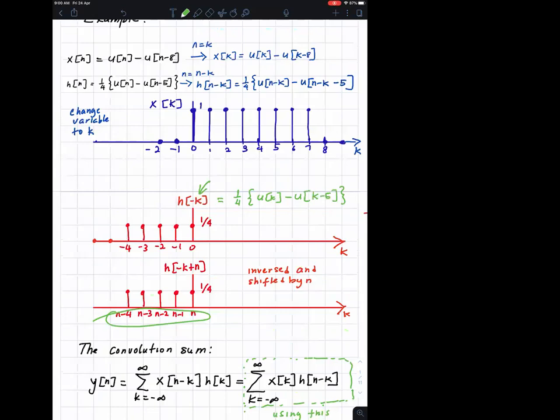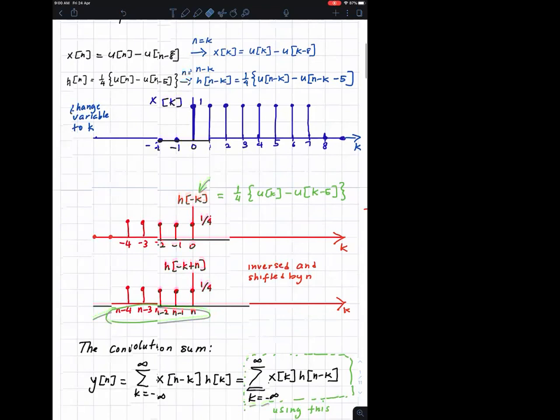Okay, I'm just drawing h of minus k. With h of minus k, we've got all the information. Is that clear? Yes, sir.